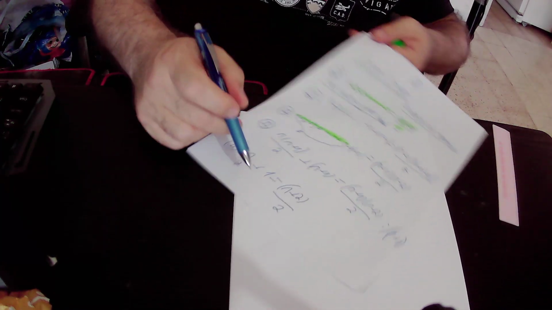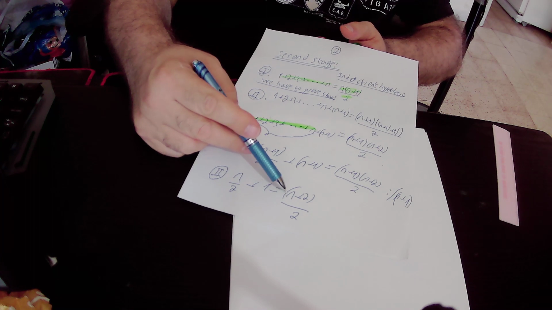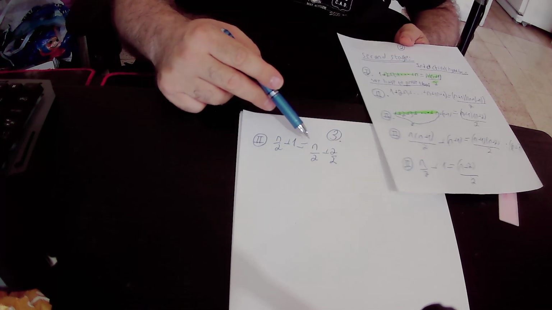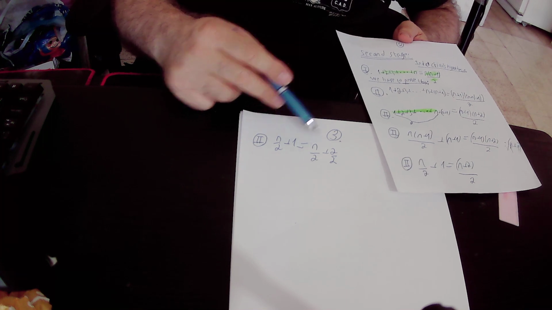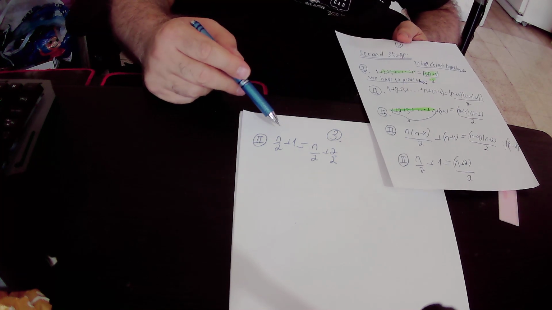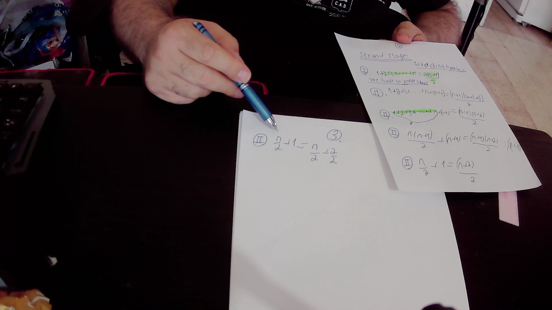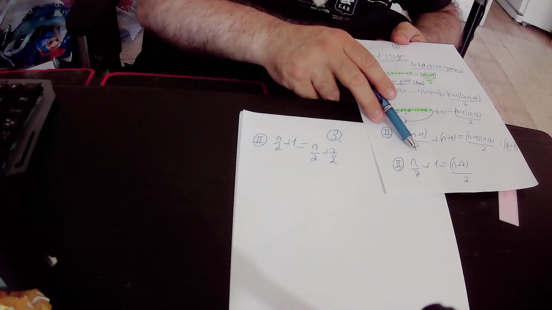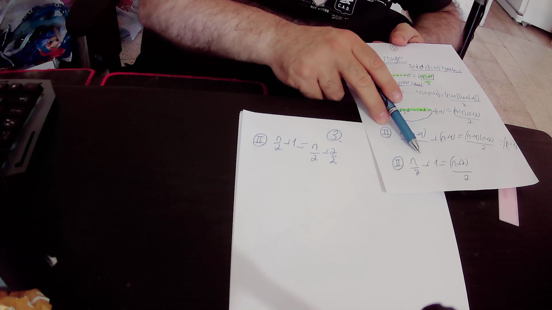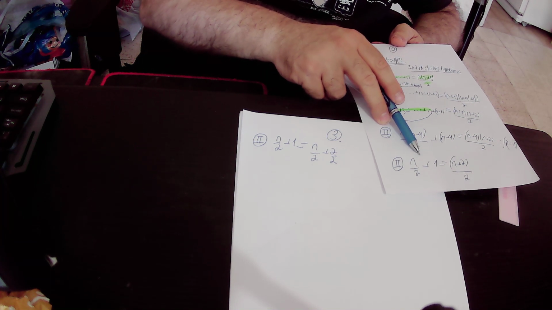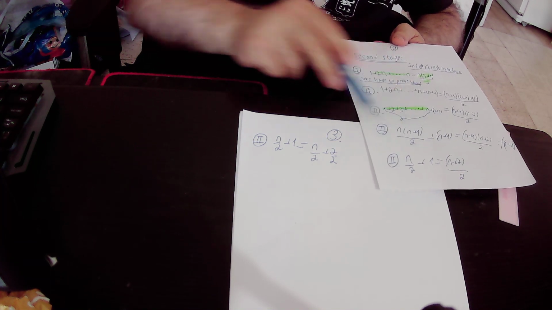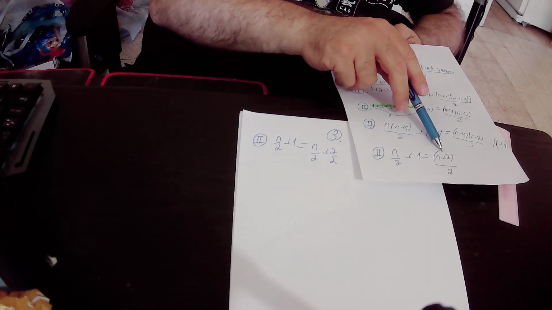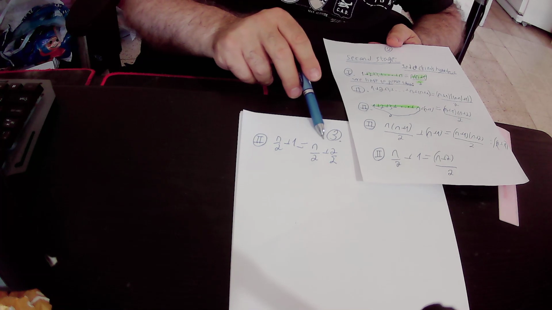So after we divide this expression into two expressions, we got here n divided by 2 plus 2 divided by 2 equals n divided by 2 plus 1. We didn't touch this expression, we copy it as it is, and here we divided this expression into two parts.